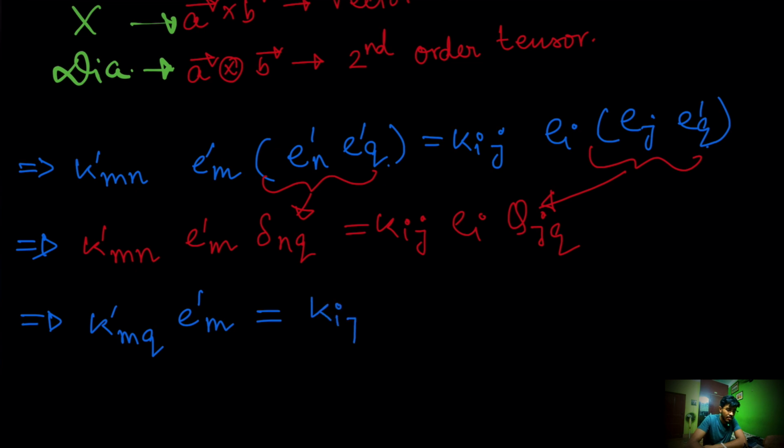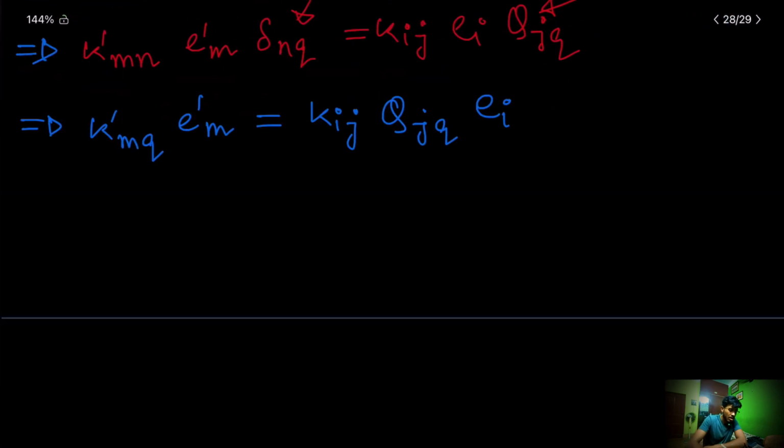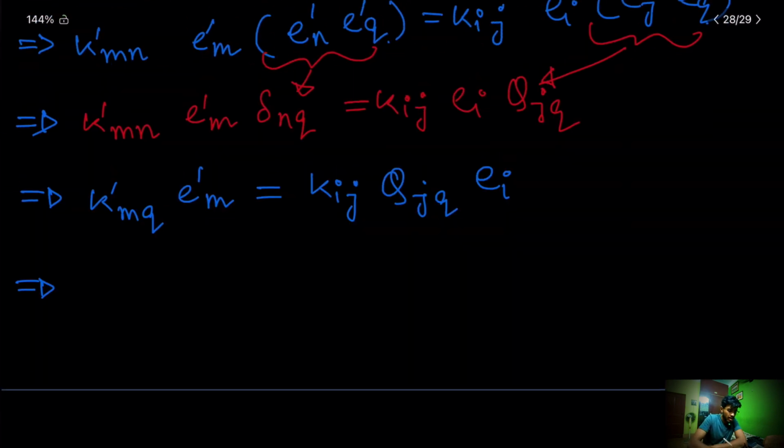Now this is Kij into QJQ into EI. Now this is equal to K. Again I have to eliminate this one, so I will multiply by E dash P on both sides.